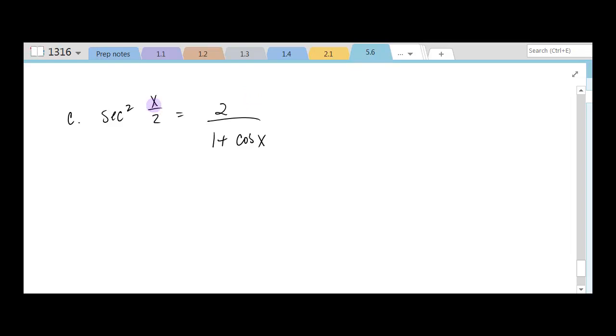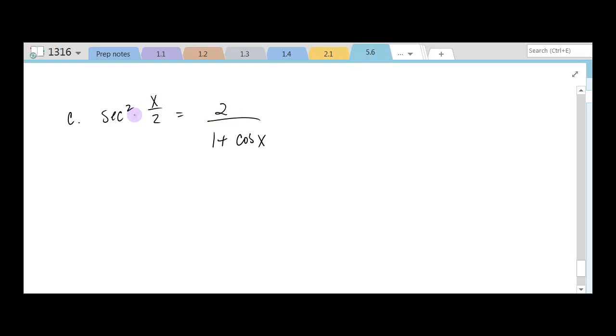Since the left hand side is addressing a half angle anyway, let's go back and look at my half angle identities. When you look at the half angle identities, you notice that they have cosine x added to a 1 or subtracted from a 1. We have a 2 in there, so this is kind of looking like a half angle identity.